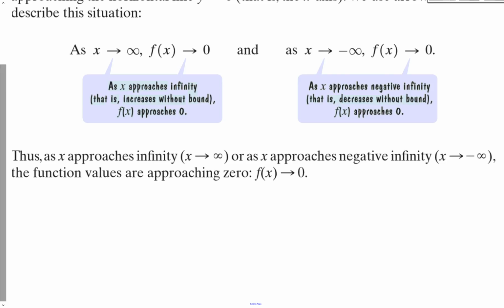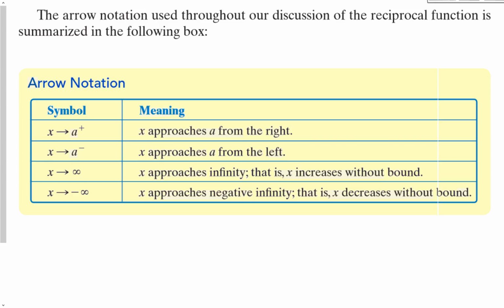The way I would write this with limit notation is the limit as x approaches infinity of my function is 0, and the limit as x approaches negative infinity of my function is also 0. Limits are simply what the graph is getting closer and closer to as you get to a specific point.